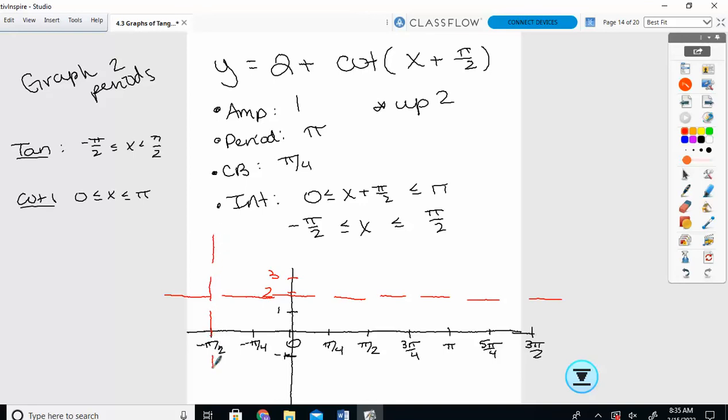We pick this interval because then you have asymptotes at the 2 ends. Now, when I say the 2 ends, I mean for the first period. So that was 0 and pi over 2. Where else do we need an asymptote? The end of the second period. And halfway in between those, you're always at 0, which is at our center line.